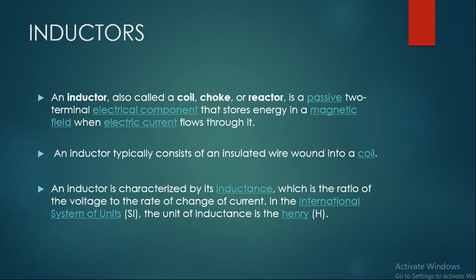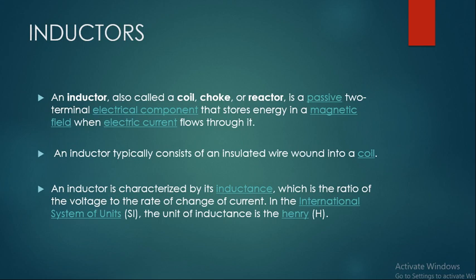An inductor is categorized by its inductance. This is how we can measure its features or characteristics. So we deal with the inductance level. What is inductance? It is the ratio of the voltage to the rate of change of current.